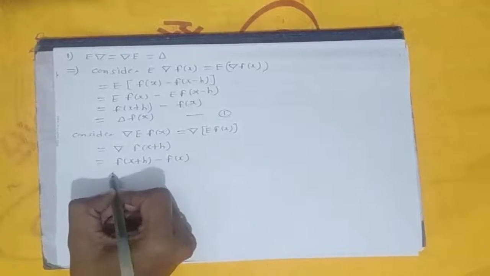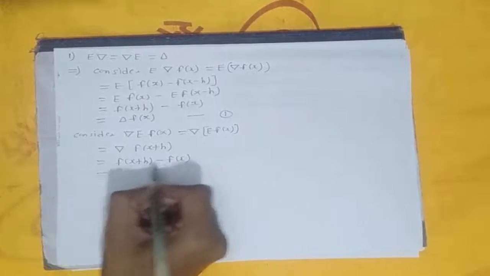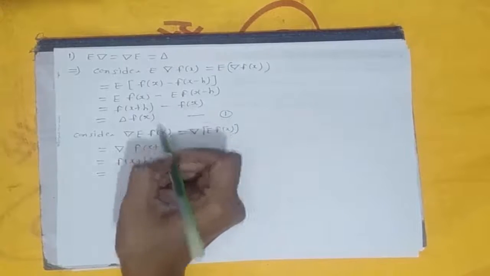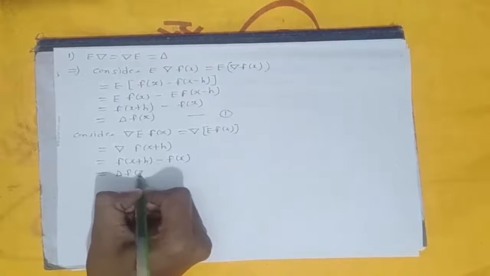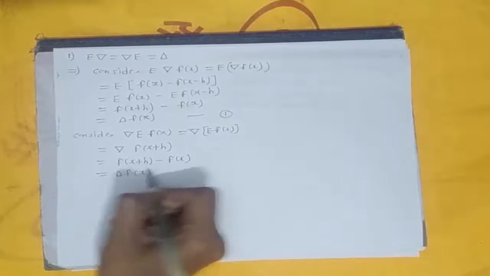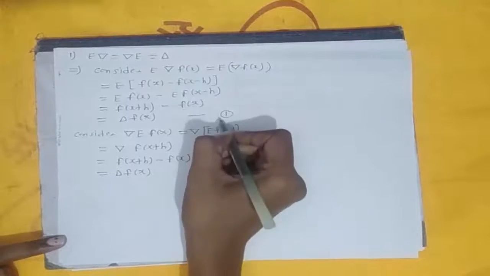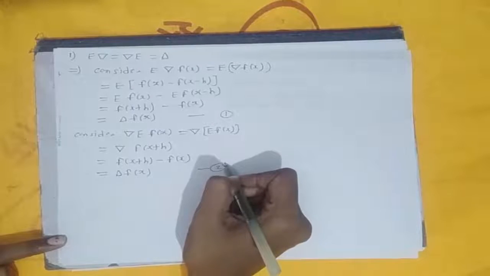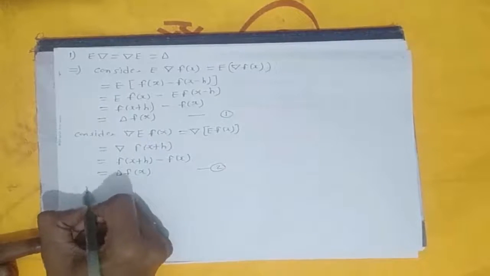Okay, then f of x plus h minus f of x, we can write again, that is the forward difference for the function, delta f of x. Take it as equation number 2. Then from 1 and 2, if we observe, the RHS will be the same, so the LHS will be the same.